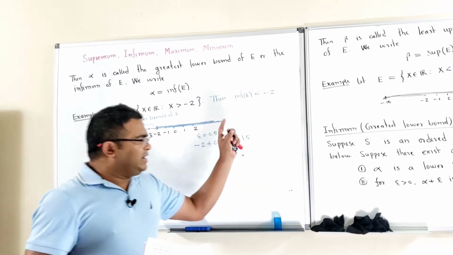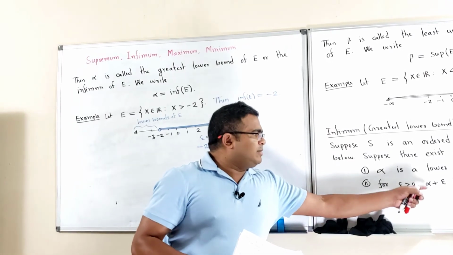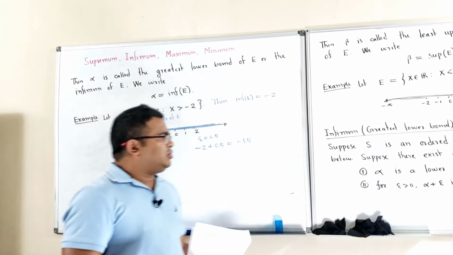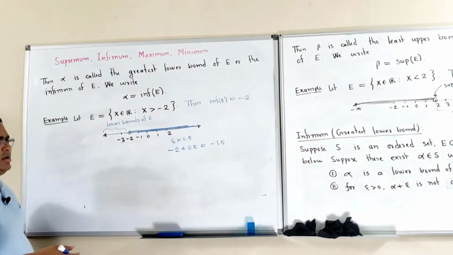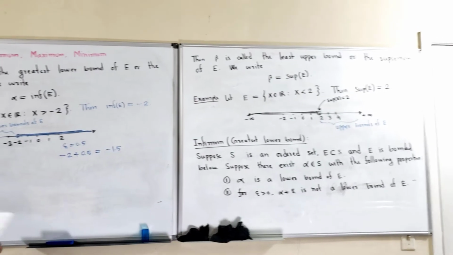So if those two conditions are satisfied, then that is the infimum, or greatest lower bound.